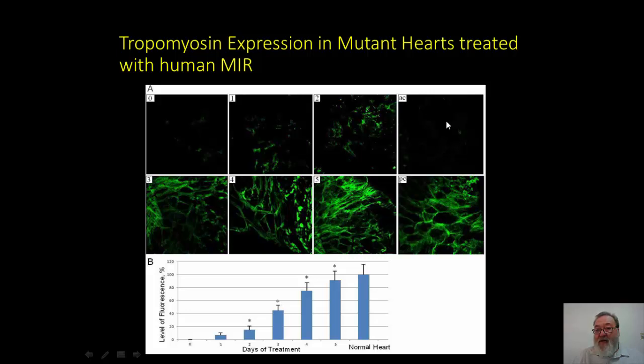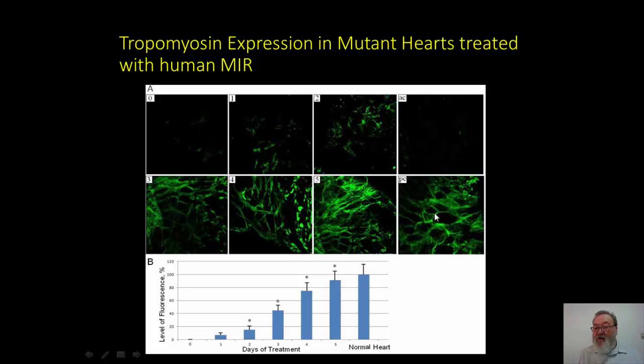Here's the control, mutant control with no RNA, and here is a normal control. This is a normal heart. This is a mutant heart that's been treated with the human MIR, and this shows, after days of treatment, the approximate level of fluorescence in each of these hearts, and by the 5th day, the mutant heart has about 90% of the amount of fluorescence that's present in the normal.